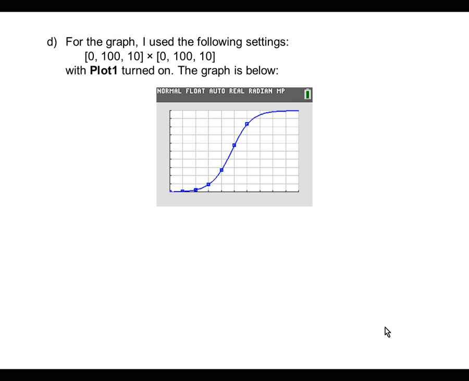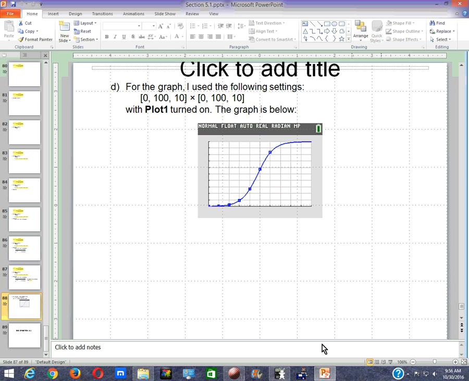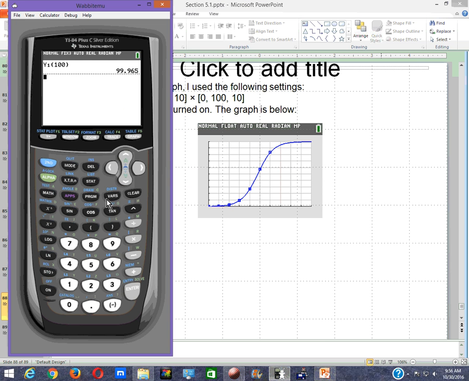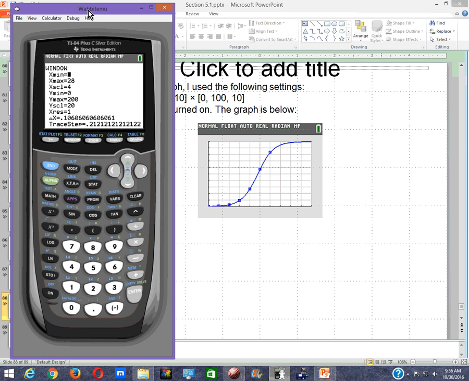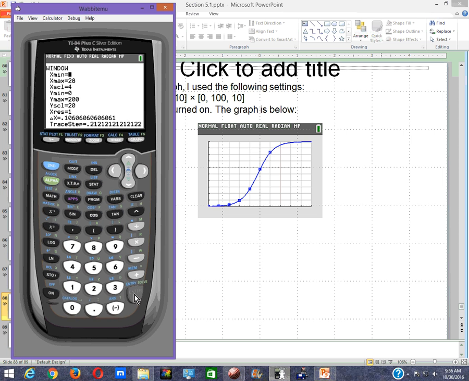And in question D, the window. I set my window to match. Because you can't have a negative percent, I went up to 100 for x, in increments of 10. The y min is 0, and for the y max, since these are percentages, the biggest it can ever be is 100%, in increments of 10 as well.